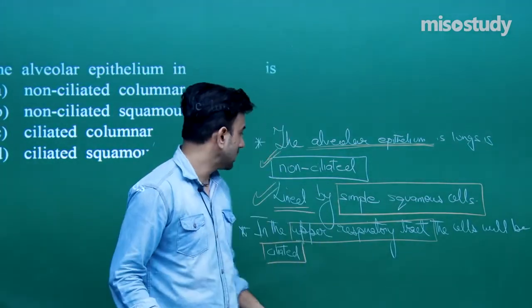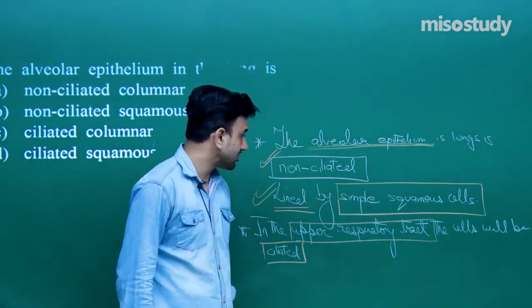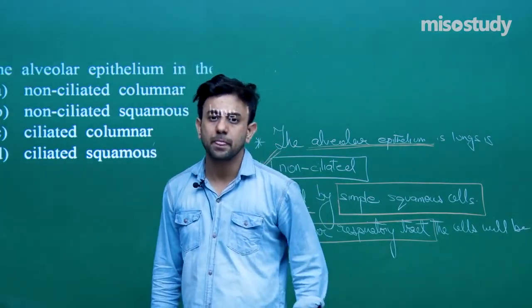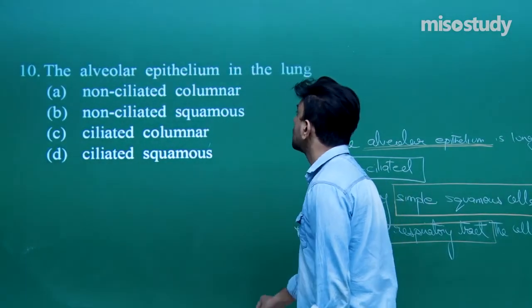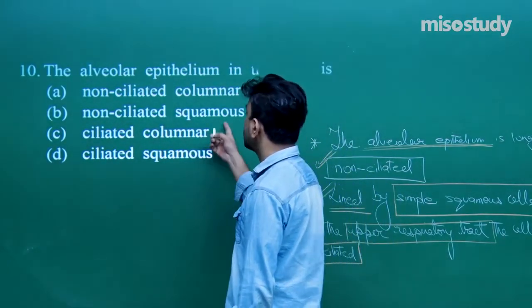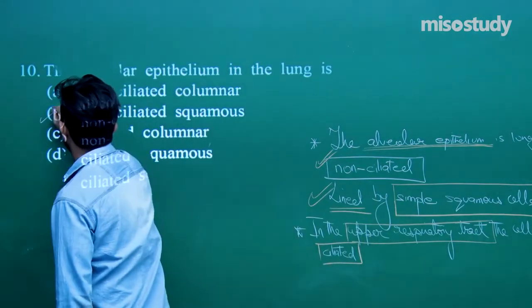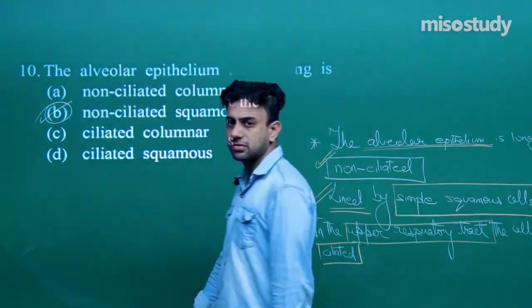So, friends, the answer for this would be that the alveolar epithelium in the lung is non-ciliated and squamous, and hence this would be the right answer.